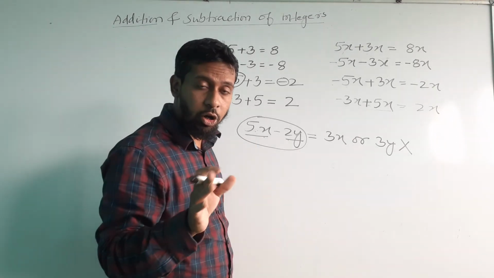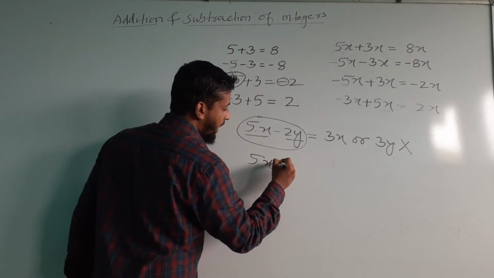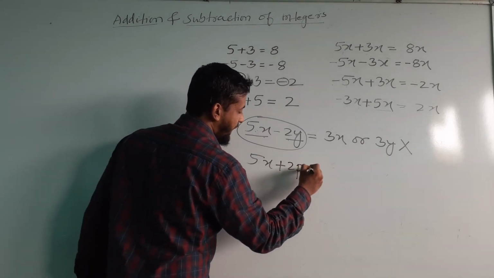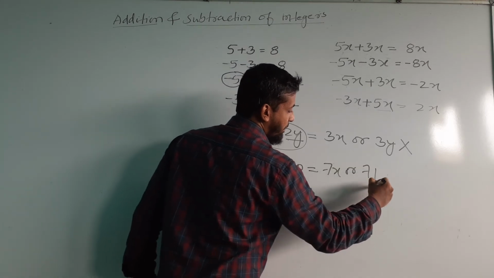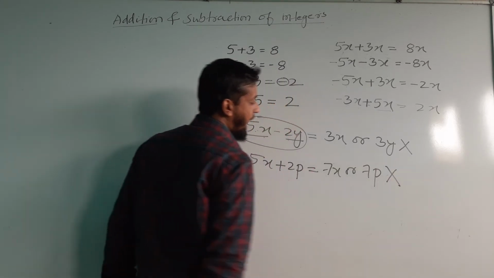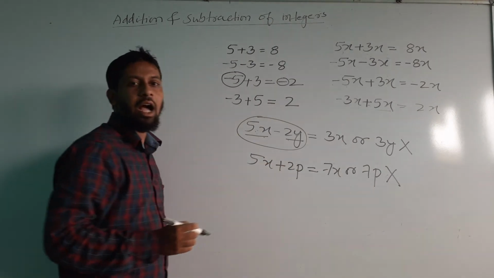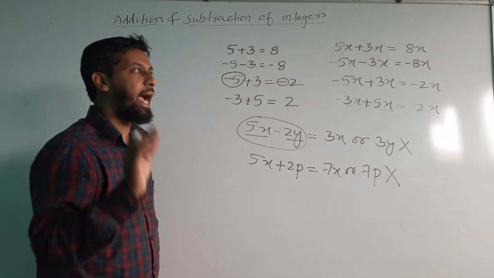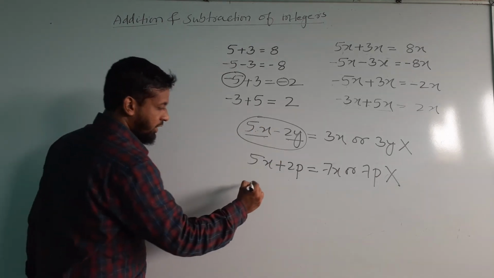Unlike terms cannot be added, cannot be subtracted. Suppose 5x plus 2p cannot be 7x or 7p. It's wrong, because they are unlike terms.